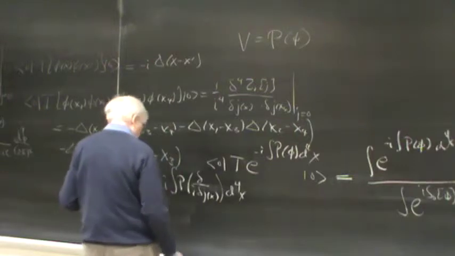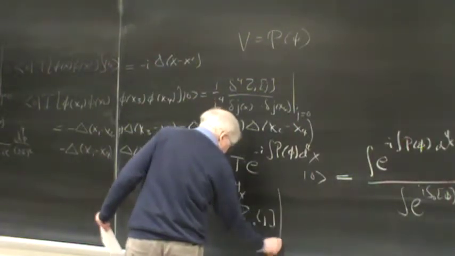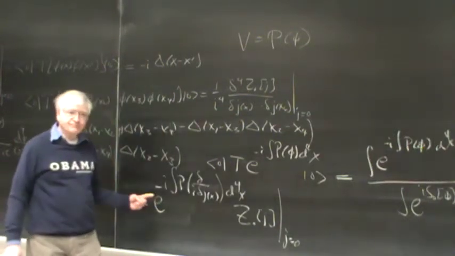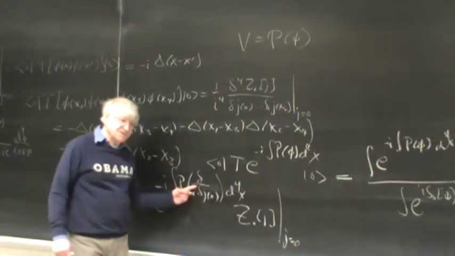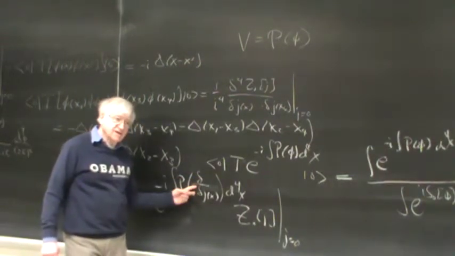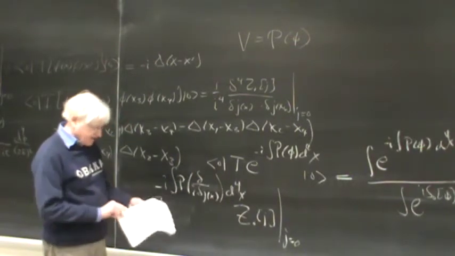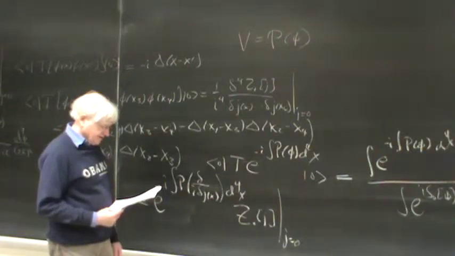It's that thing acting on Z0 of J, and then you set J equals 0. So in other words, this thing acting on that turns into a phi, and then you're done. Of course, this is a mind-boggling thing.